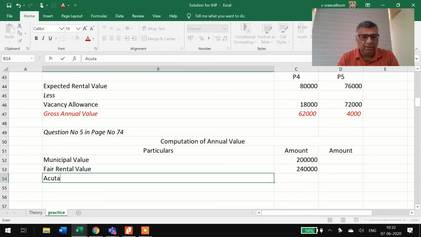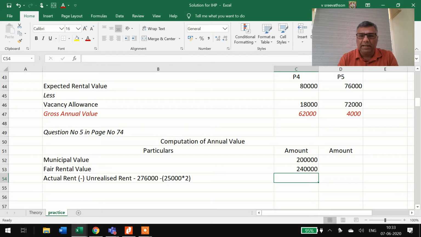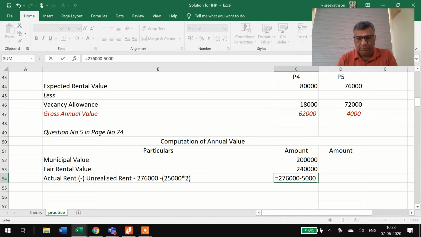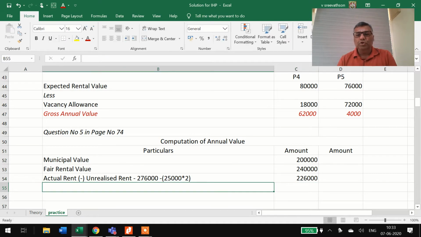Actual rent minus unrealized rent: 2,76,000 minus 25,000 into 2, as the last 2 months rent is remaining unrealized. 2,76,000 minus 50,000. So this has remained unrealized.